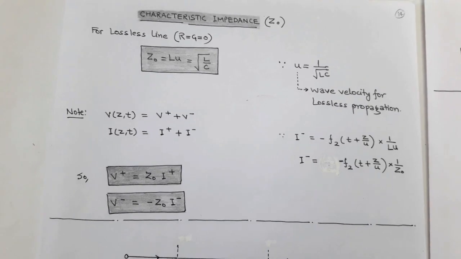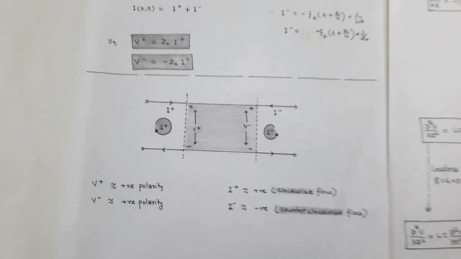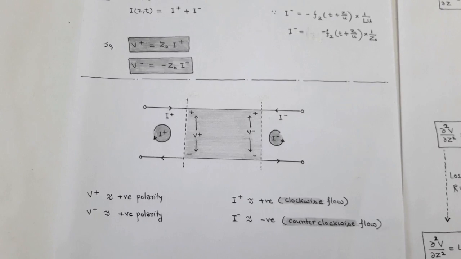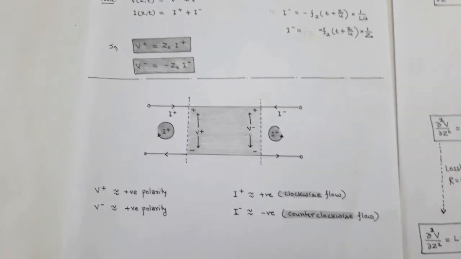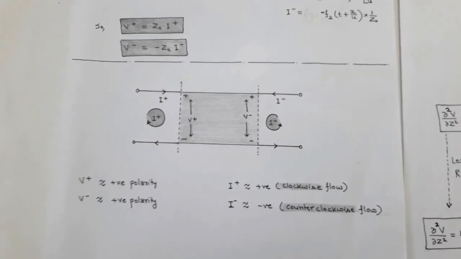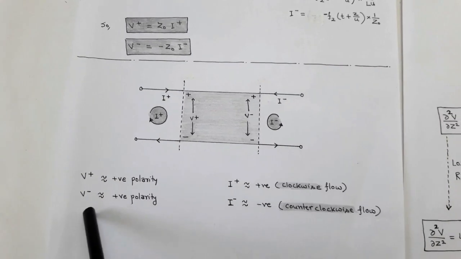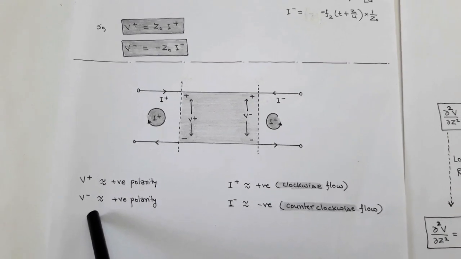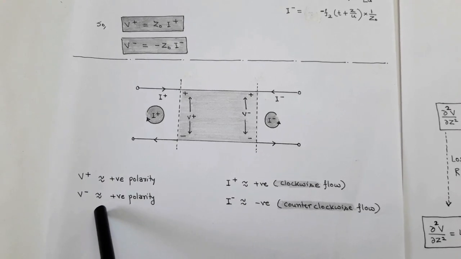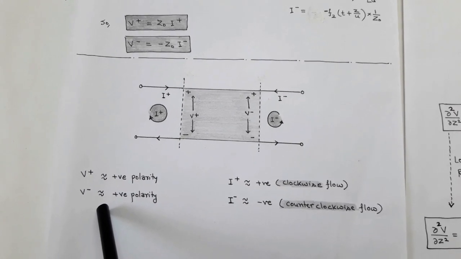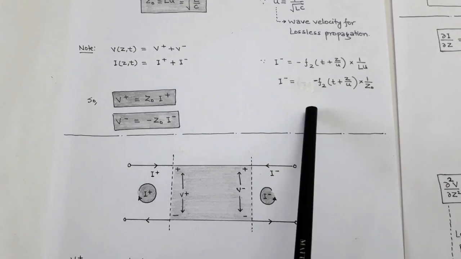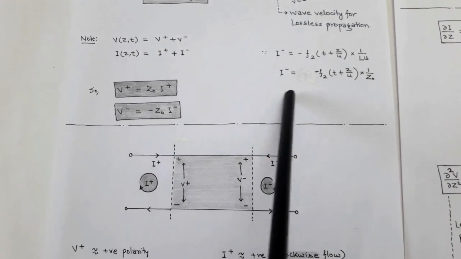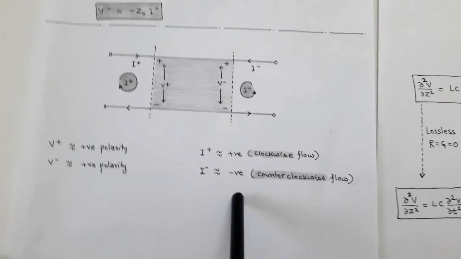Now here we represent these functions, forward and backward, in terms of voltage and current on the transmission line. We know that in case of voltage, the forward and backward voltages have a positive value. But in case of the current function, the forward is positive, but there is a negative sign with the backward.